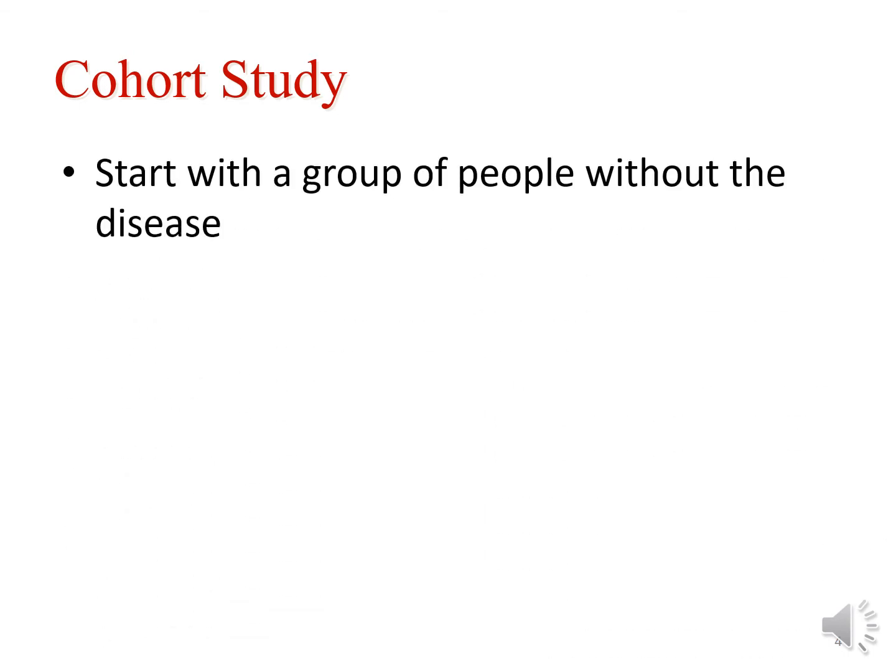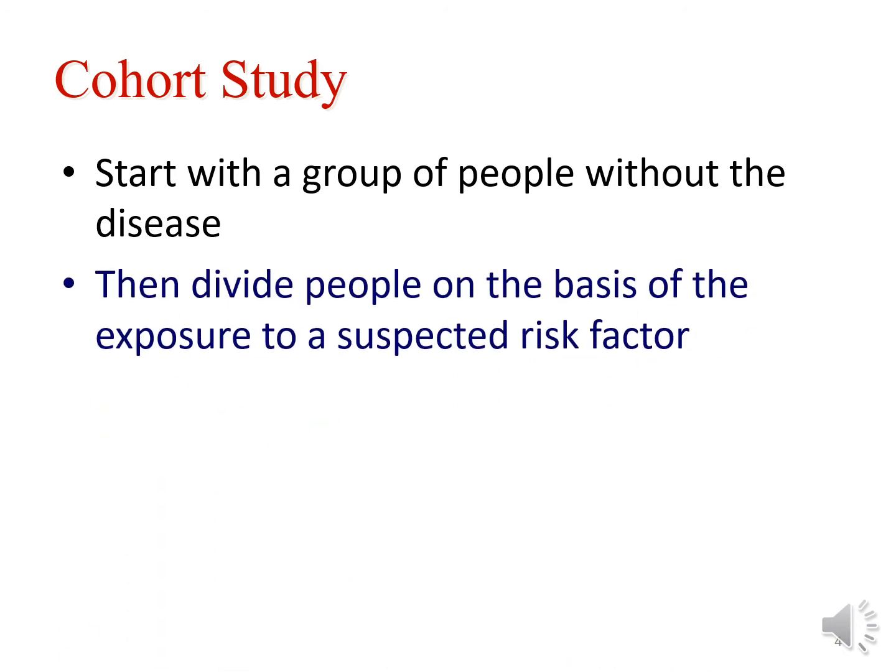In this study, we have to select group of people without the disease. For example, if we want to study about cause of lung cancer, we will select a group of people who do not have this disease. Then divide them into two groups on the basis of exposure to a suspected risk factor.